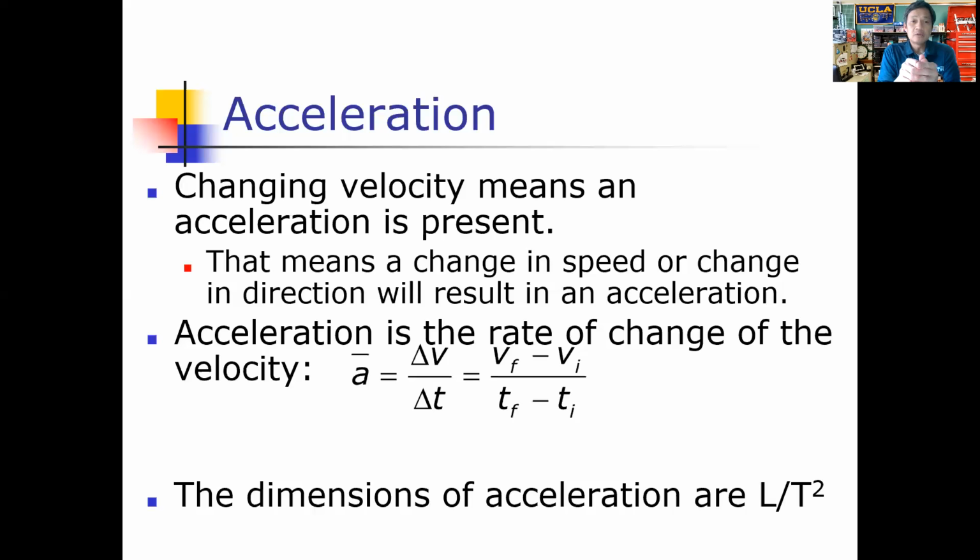Then we talked about how we could describe how quickly that object undergoes the displacement, which gives us a ratio that we describe as velocity. Velocity is displacement over a given time interval, and velocity is also directional, so velocity is a vector quantity as well.